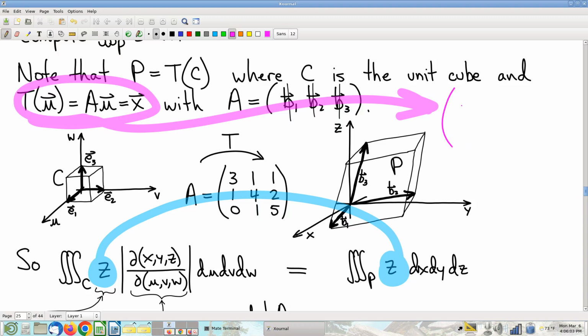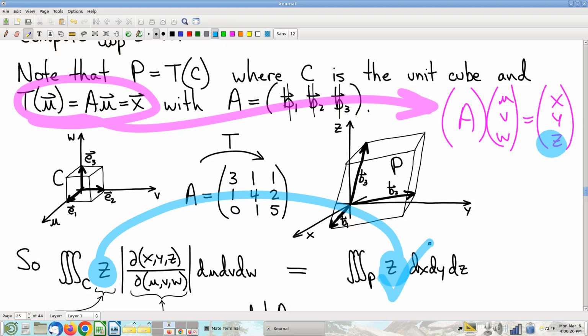This says that my A matrix times UVW is XYZ. Oh man, let me try that again. XYZ. There we go. And let's see here. Apparently it says Z. Z is what I need. Okay. Well, there's Z in my formula for my change of variables.